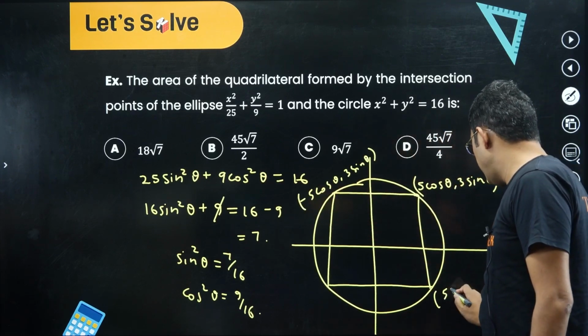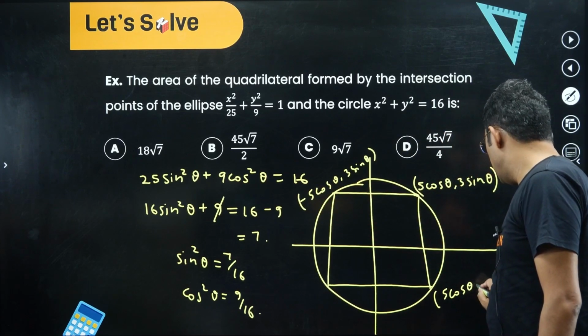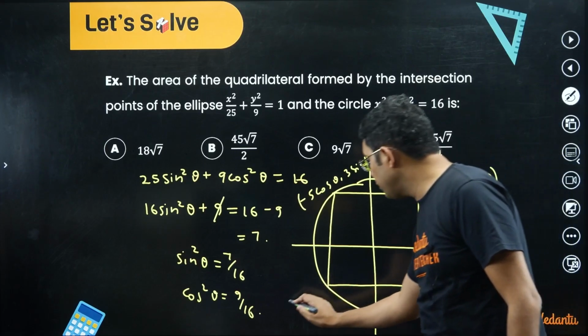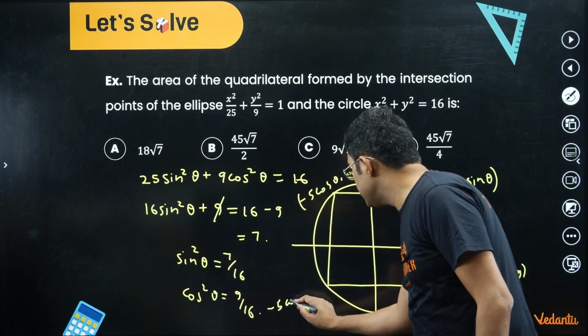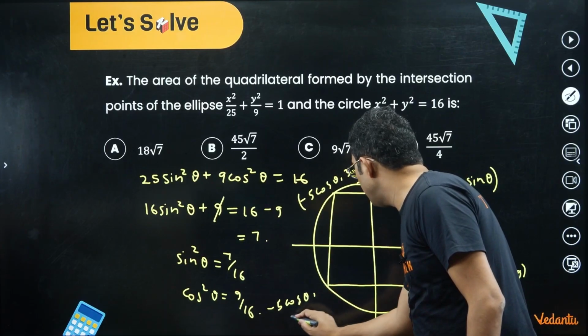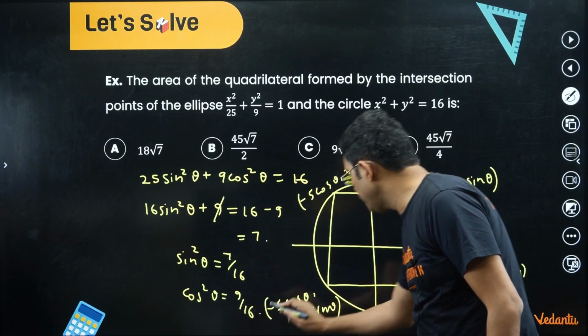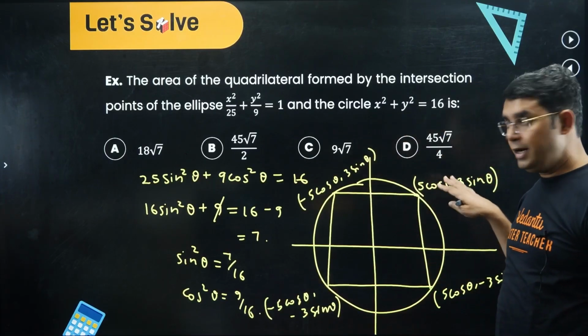Here this will be 5 cos theta comma minus 3 sin theta, and here it will be both negative, minus 5 cos theta comma minus 3 sin theta. Okay, now you can see this will be one rectangle.